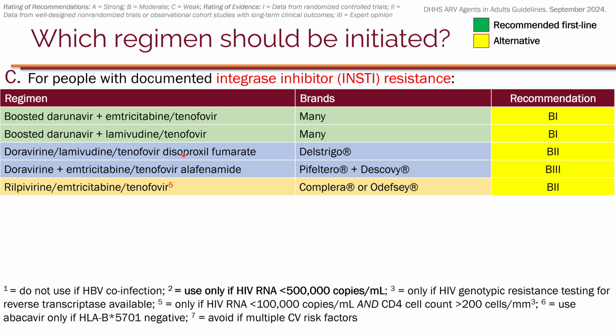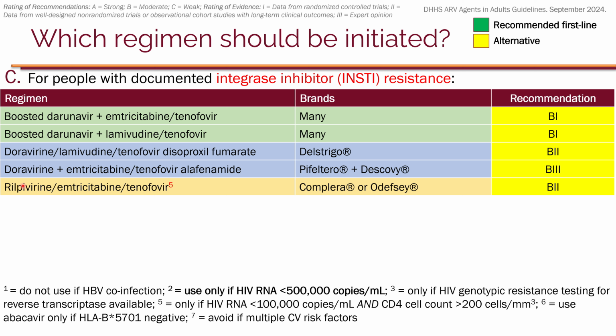There's also, if someone doesn't want the TDF and TAF is preferred, then 2 tablets can be used. So doravirine plus Descovy as the backbone. And then also we have rilpivirine as a single agent. So Complera has TDF in it and Odefsey has TAF in it.